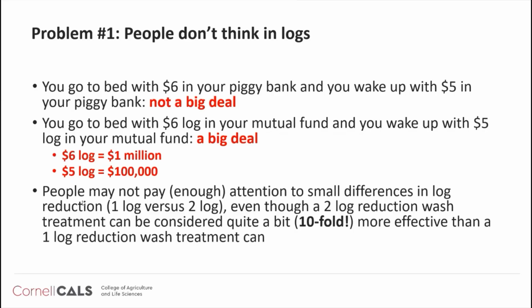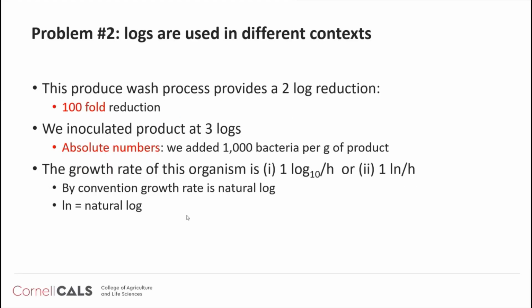Second problem is that logs are used in different contexts. We talked about log reduction, but then we talked about absolute numbers. Those are different concepts, because absolute numbers we look at differently than reductions, and I'll get into that a bit more in the next slides. We also sometimes use log for growth rates, how fast the organism is growing. The challenge there is that we have different types of log. We have a log to the base 10, and we have a natural log.